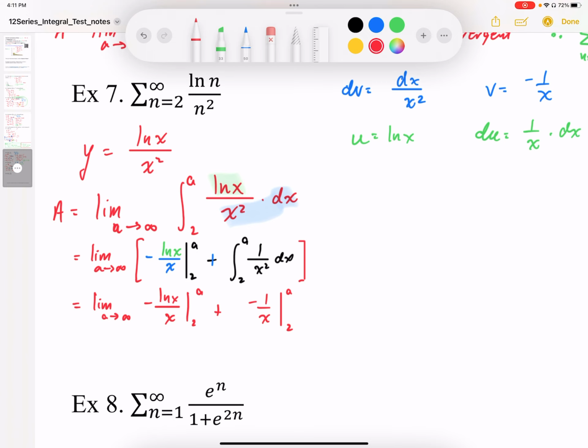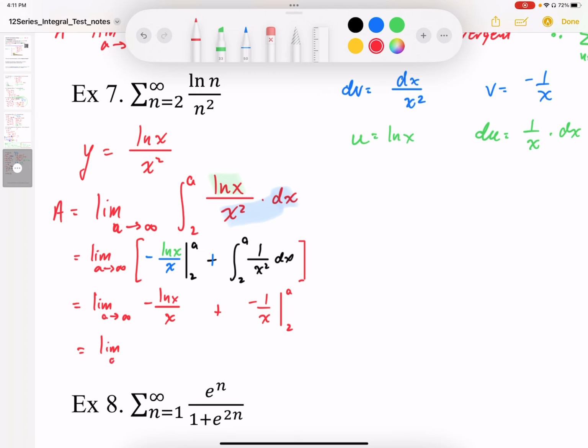Evaluating this, since I've anti-differentiated that, I can just put my bounds at the end there. So I'm going to plug in my a value. So now I have my antiderivative function.